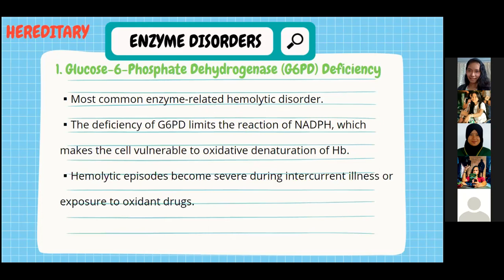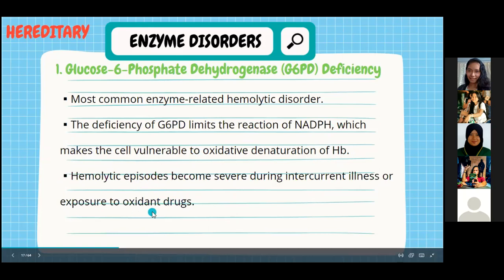So the deficiency of G6PD limits the production of NADPH, or the nicotinamide adenine dinucleotide phosphate, which makes the cell vulnerable to oxidative denaturation of Hb. The hemolytic episodes become severe during intercurrent illness or exposure to oxidant drugs.